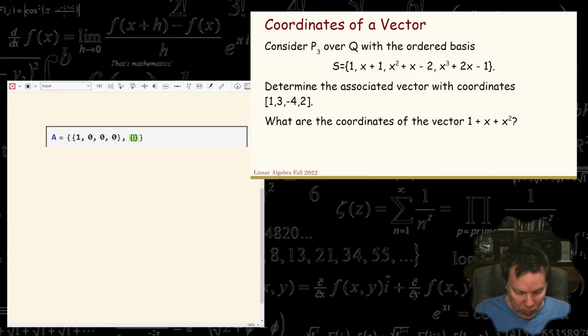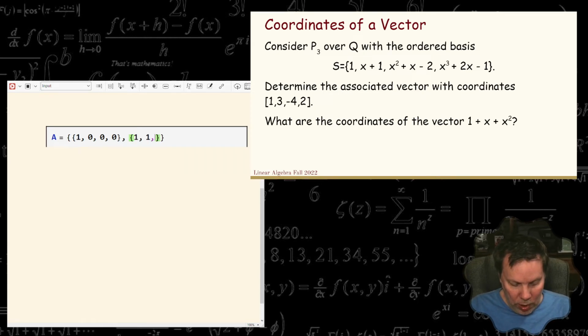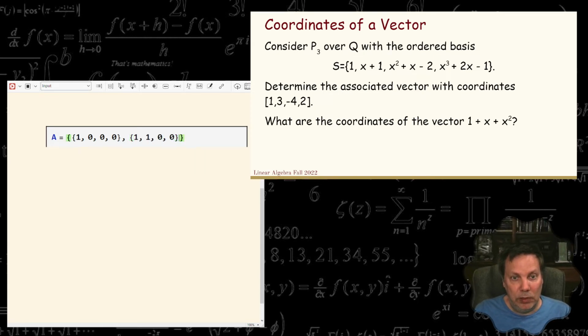Then the next one will look like a 1, a 1, and a 0, because that's just x plus 1. Now the next one looking like -2, 1, 1, and finally 0. The last one, let's see, -1, 2, 0, and then a 1.